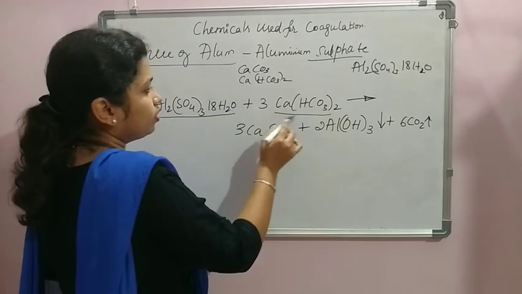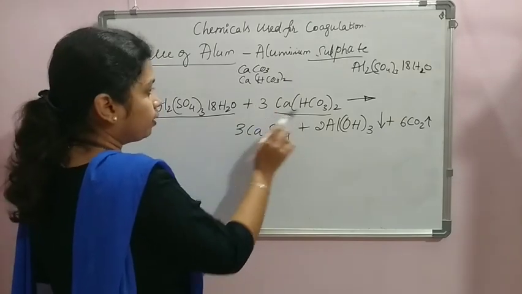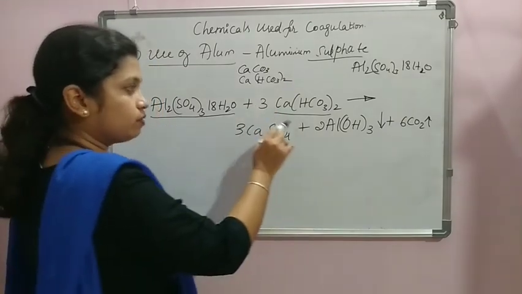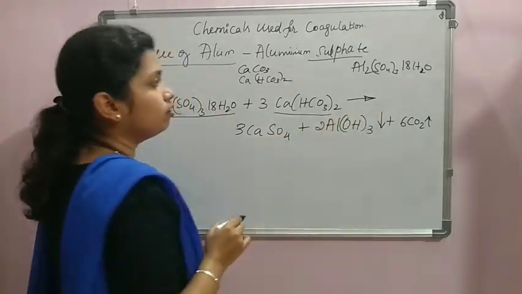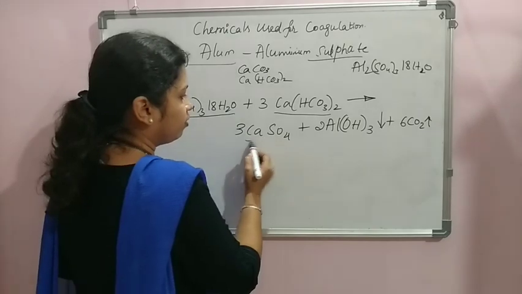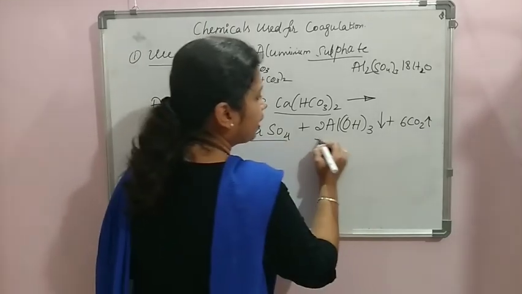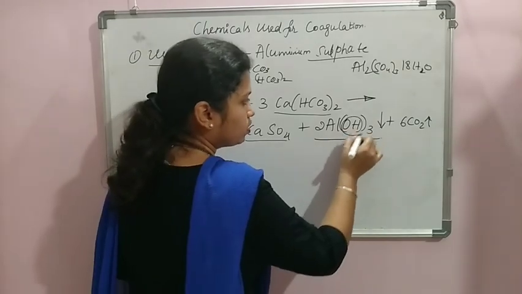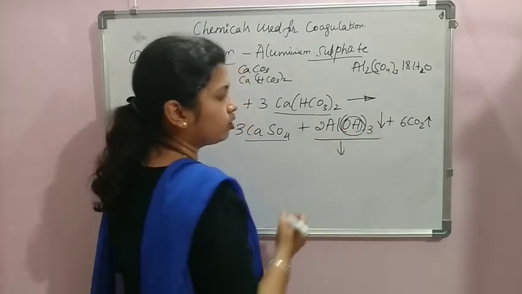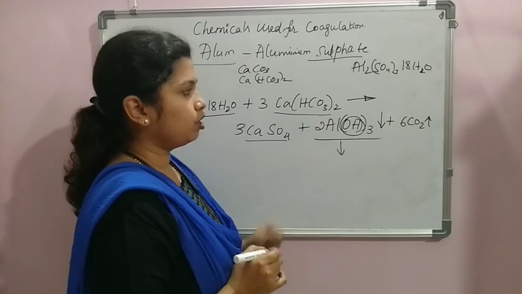Here I am taking calcium bicarbonate. Whenever we add alum, it reacts with the calcium bicarbonate present in the water and gives rise to calcium sulfate and Al(OH)3, that is aluminium hydroxide. Since the OH group is present, it is a precipitate that settles to the bottom.